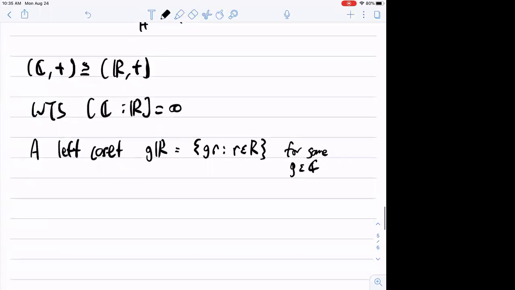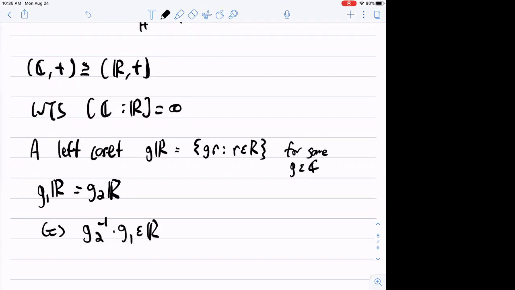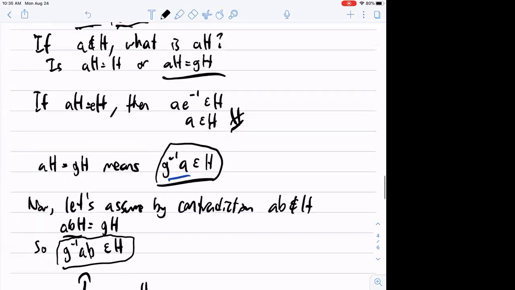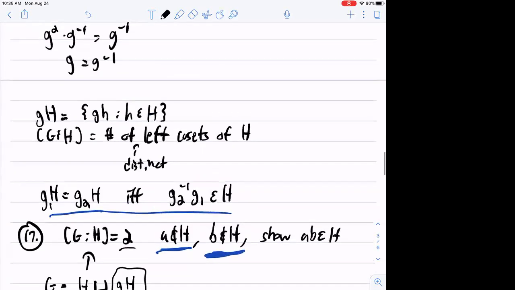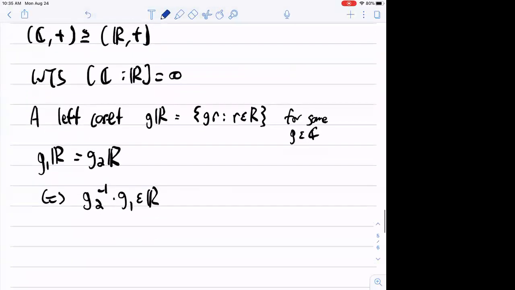So to show it's infinitely many, let's figure out what it means for 2 cosets to be equal. G1 R equals G2 R. If these two are equal, equivalently, it means G2 inverse G1 is in R. Agree? So two cosets are equal if and only if G2 inverse G1 is in R.